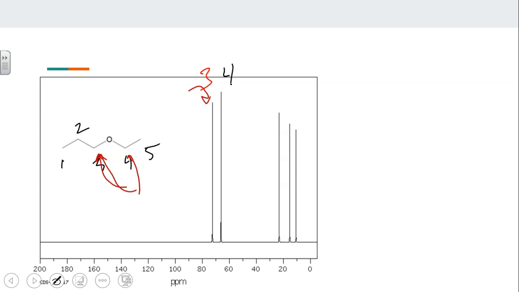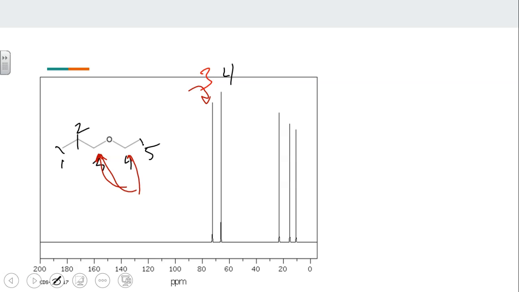Okay, and so now we have 1, 2, 3 more to worry about. Okay, and notice they're all kind of in the same spot. If we look, we have 1, 2, and carbon number 5, which are kind of all connected to carbons with hydrogens. They're all kind of alkane carbons that just kind of fall in the same spot. But we can still interpret this based on what they're connected to.